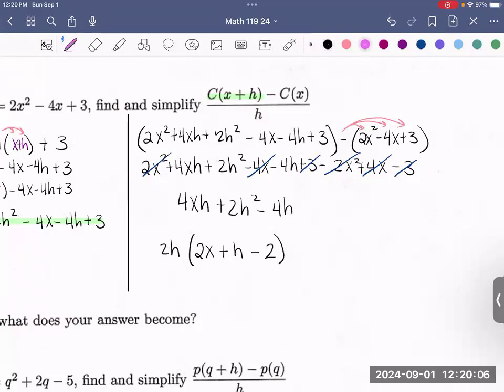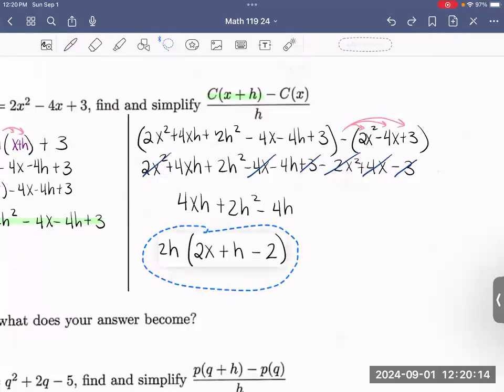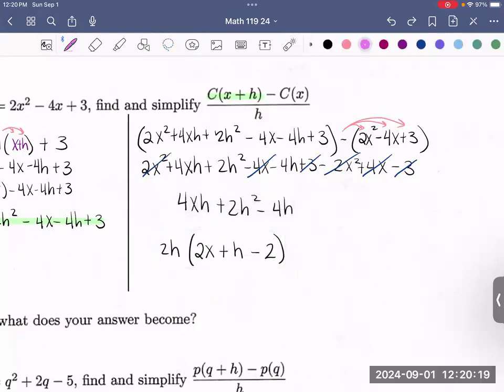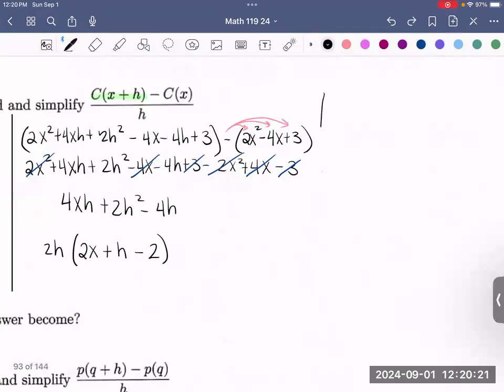And to check your work as well, you can always distribute in and see if you get the right answer from before. All right, so I've copied that. Now in your next part, just following along with the style of this worksheet, they broke it up into 3 parts, so I'm going to break it up into 3 parts.